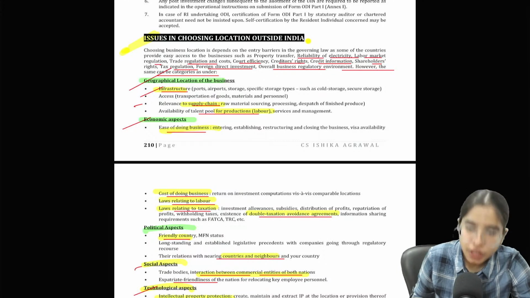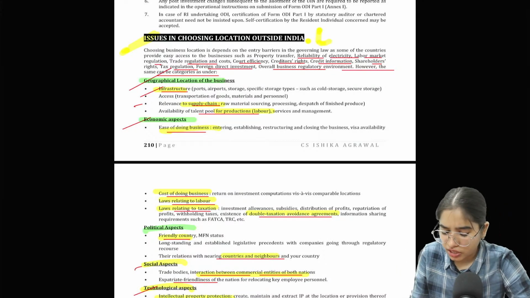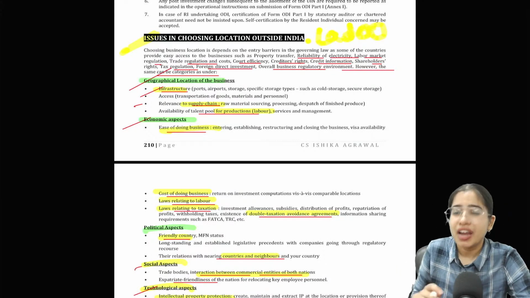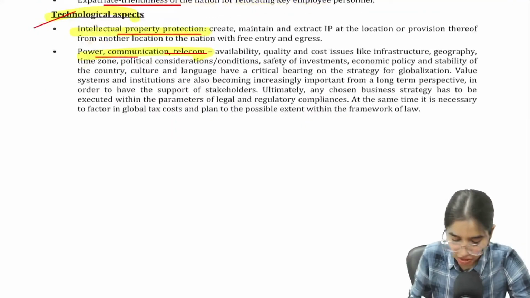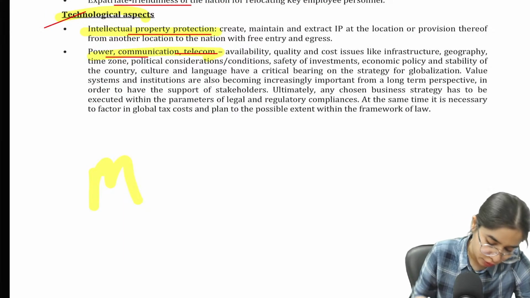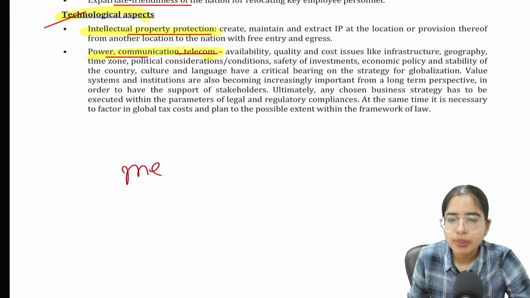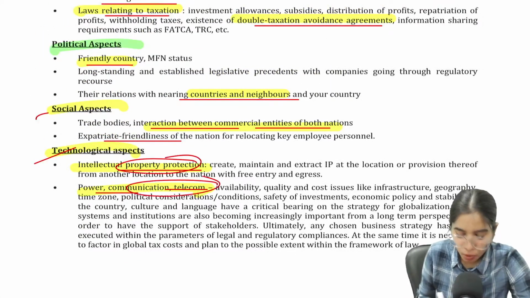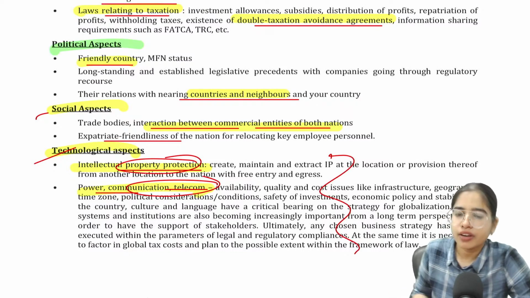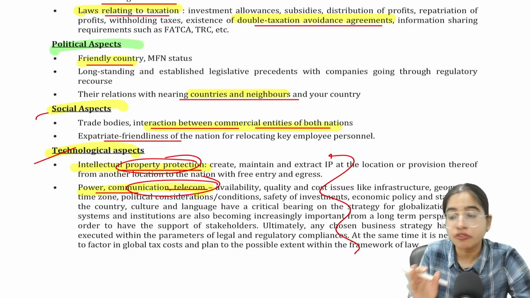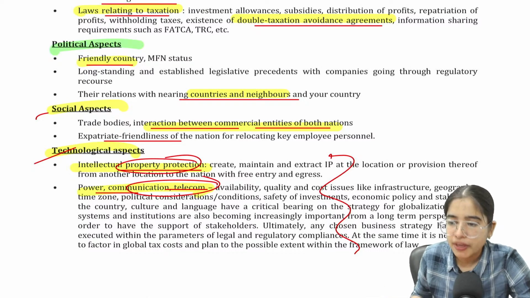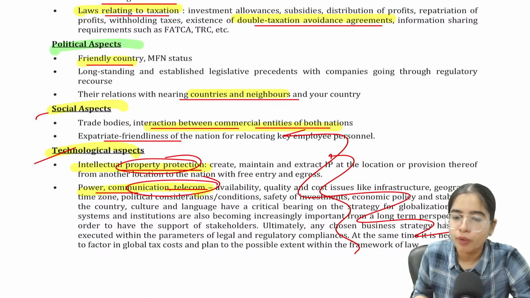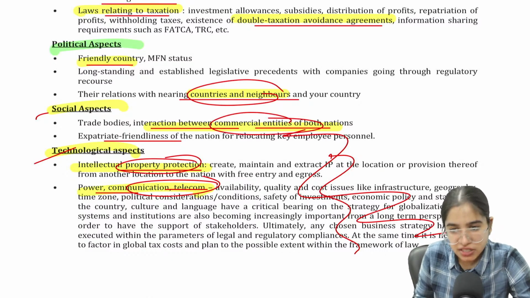So this is the topic, issues in choosing location outside India, which is a very laddu topic. You just have to read the keywords. From an exam point of view, just memorize the basic points like important keywords. The rest you can write in your own language. It's not like you have to copy paste your answer from the book in your exam. You can remember the keywords.